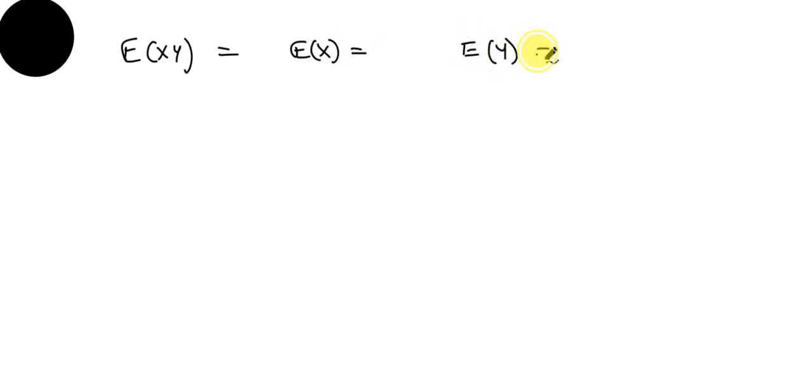Okay, so let me note down what are the values that we have obtained. I have to take the values of E of xy, E of x, E of y, E of x squared, E of y squared, and then the value of mu xy.